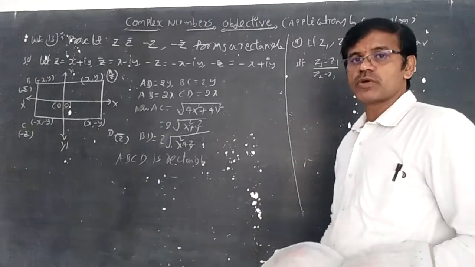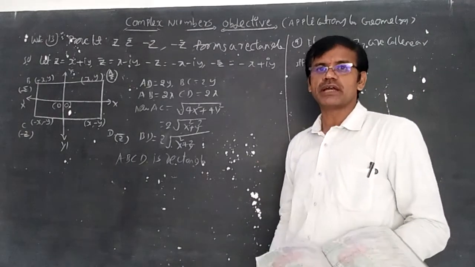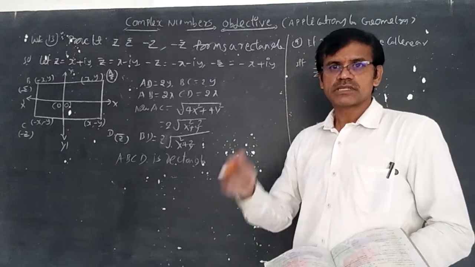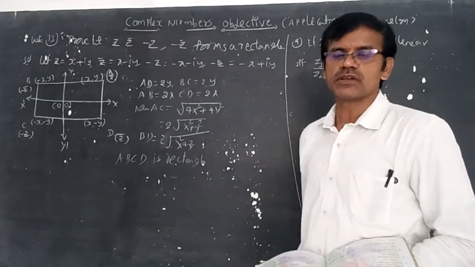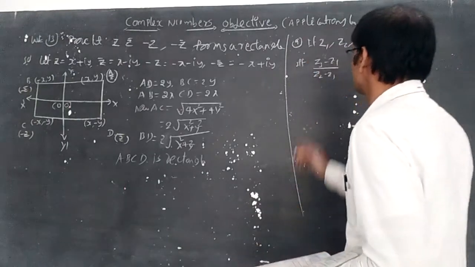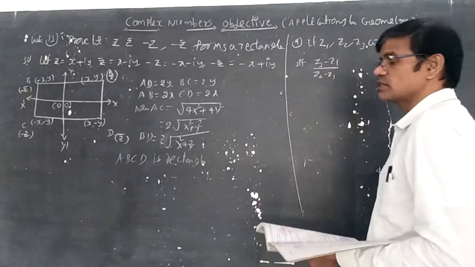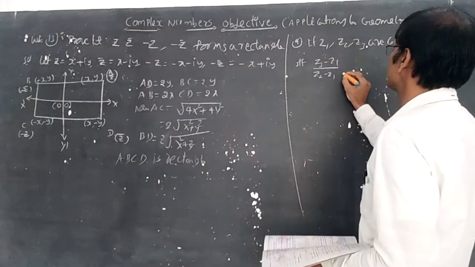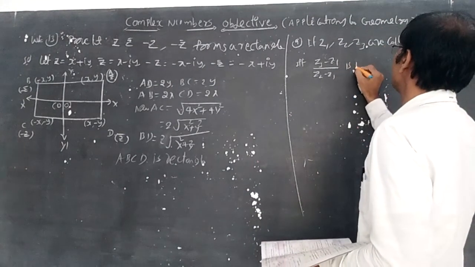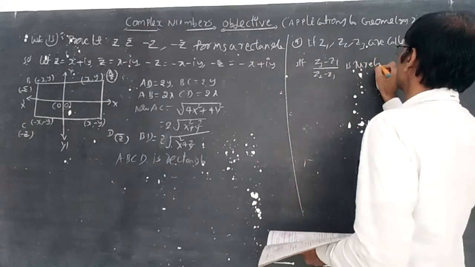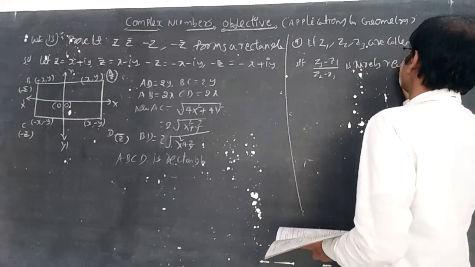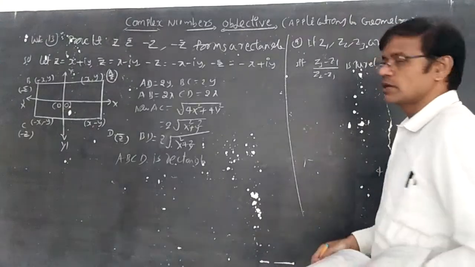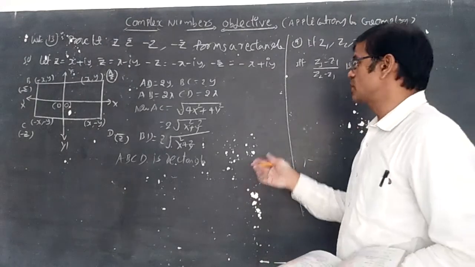If it is a real number, we have taken the imaginary part equal to 0, and depending upon that sum we said it. So you can understand by using this, z3 minus z1 by z2 minus z1 is purely real. Whenever z3 minus z1 by z2 minus z1 is purely real, then z1, z2, z3 are collinear. This is a theorem.